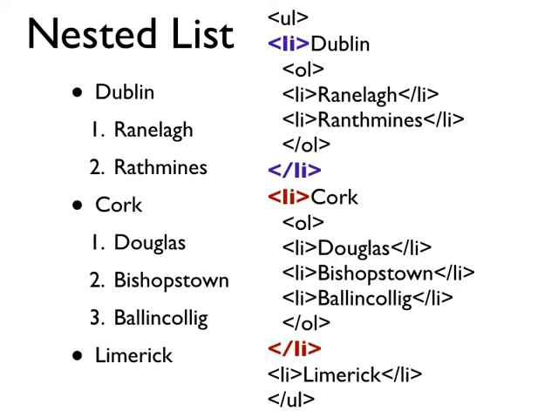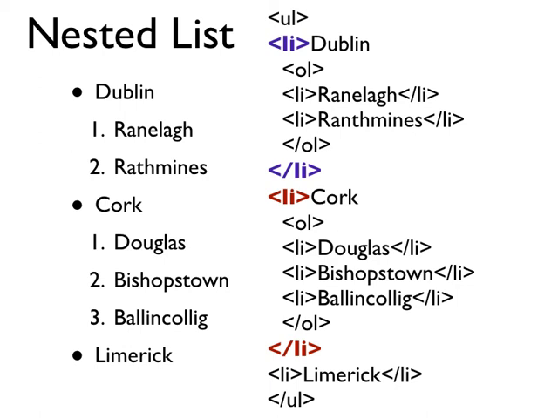And what's important here is that we have the unordered list and then we start the list item for Dublin, and Dublin isn't finished until we've done the ordered list with Ranelagh and Rathmines in it.